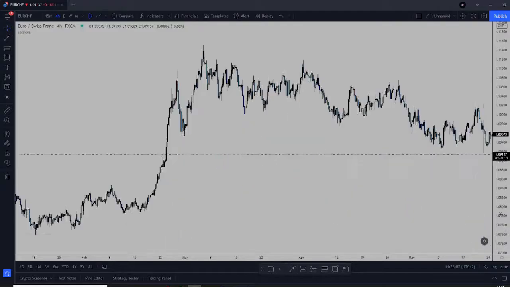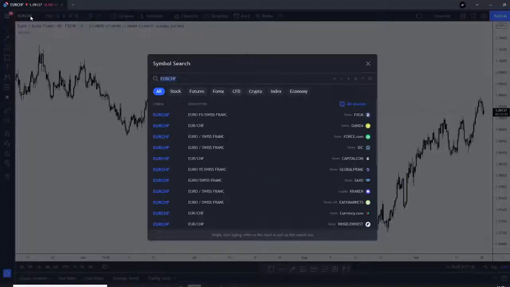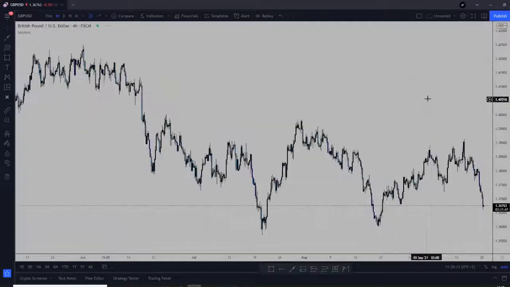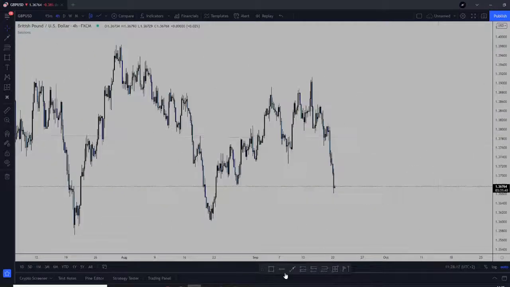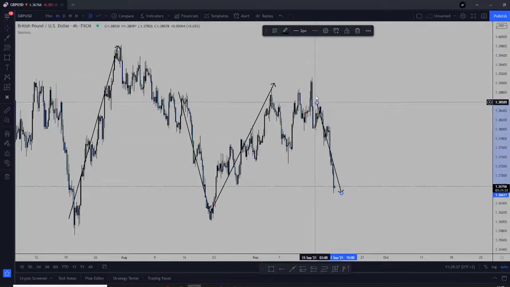So yeah, let me just look at, for example, GBP USD, one of the biggest, most volume pairs in the world. Obviously, we'll have more opportunities over here. You can see this move, and this move, and this move. Oh, another one. Crazy, crazy move again.